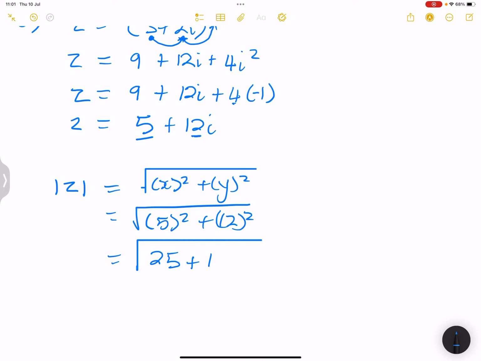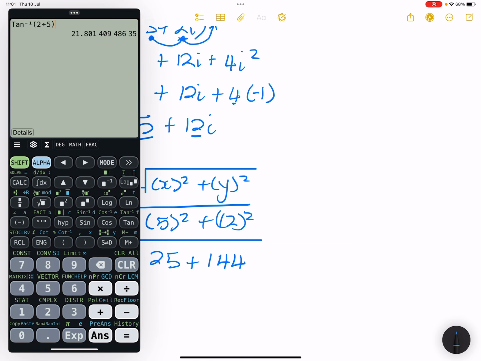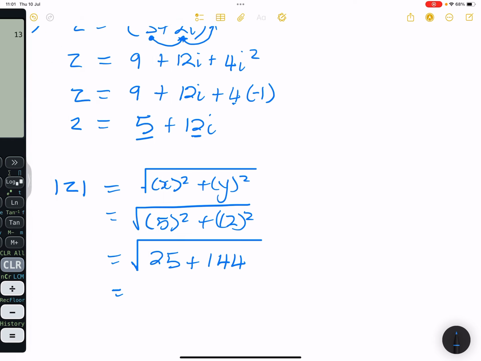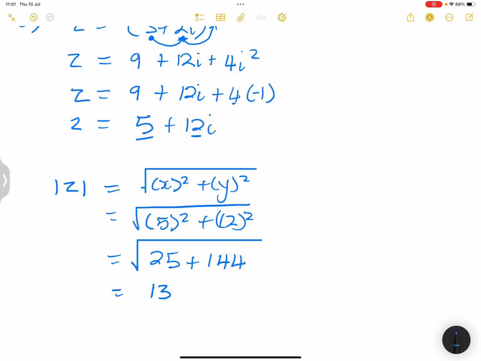We forgot the square root there. That's 25 plus 144, which gives us 169. So the square root of 169 is 13. That gives us 13 as our modulus.